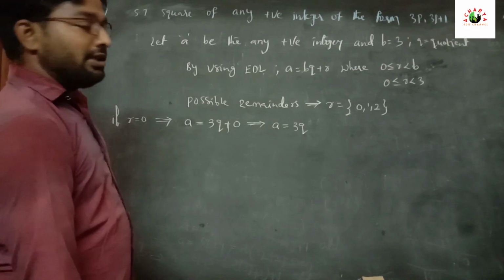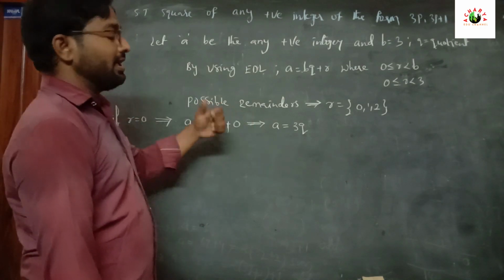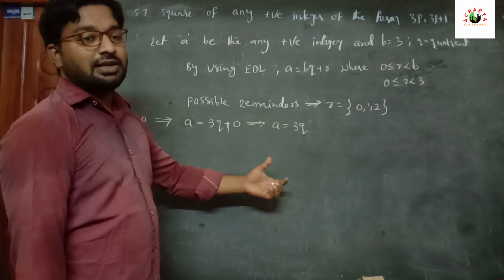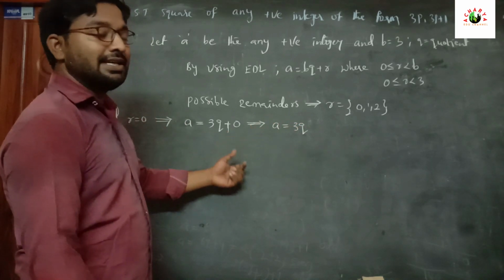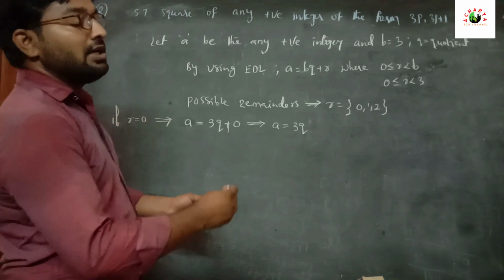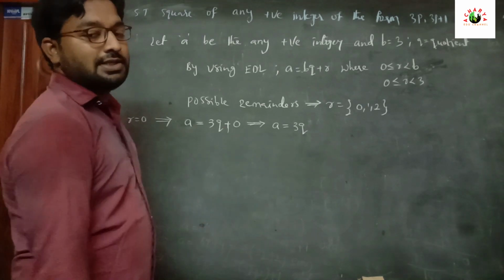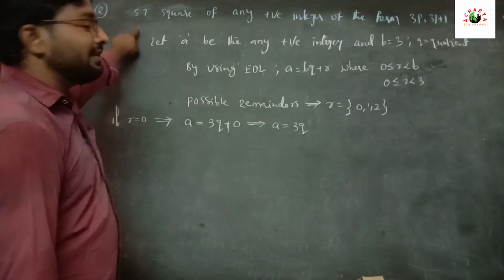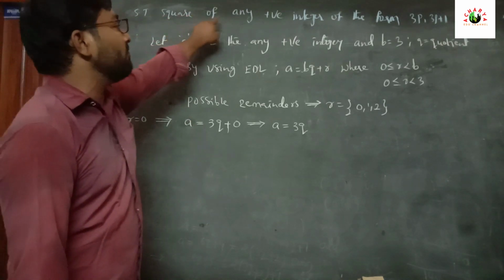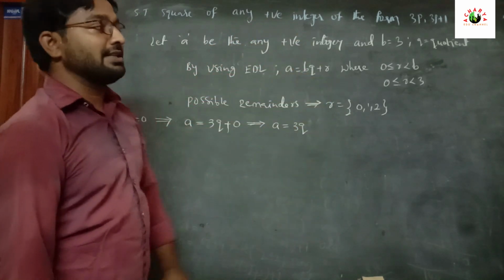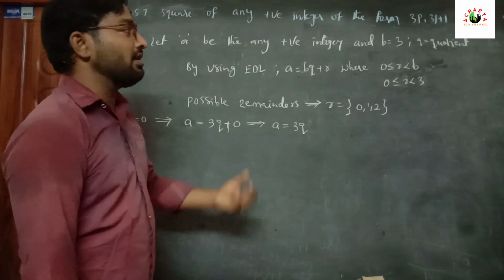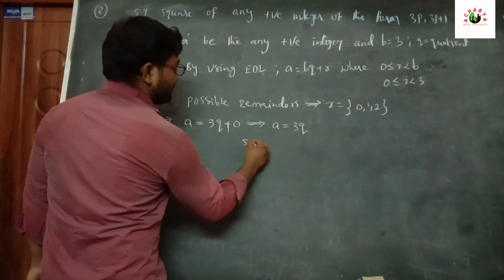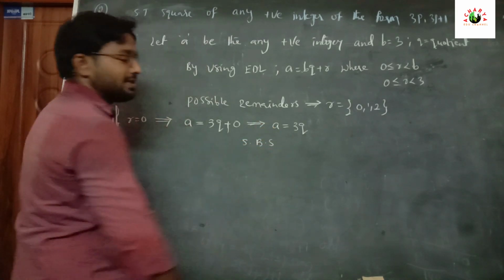In the first case, we directly got an odd integer or even integer. But in this case, we have to do squaring on both sides. Why? Because it is given: show that the square of any positive integer is of the form. So we have to do squaring on both sides.